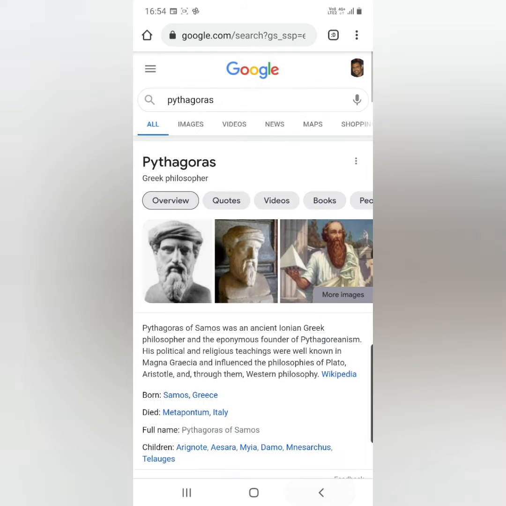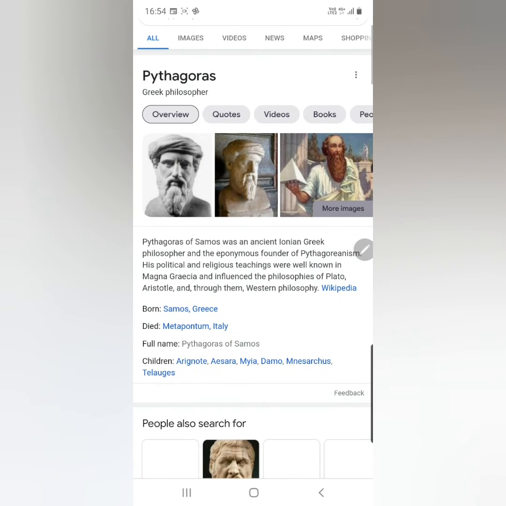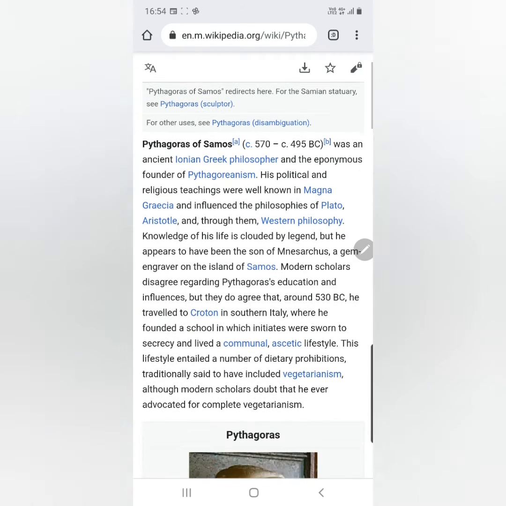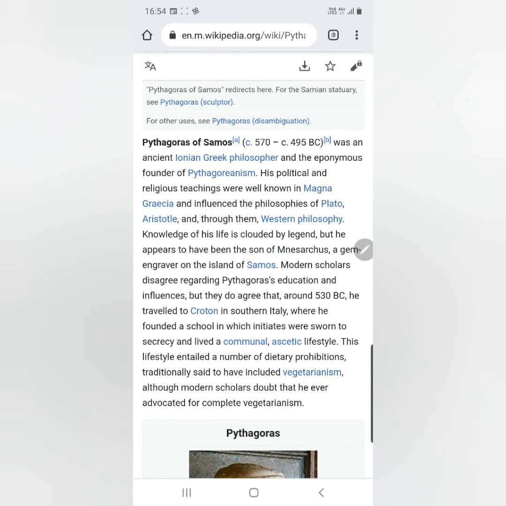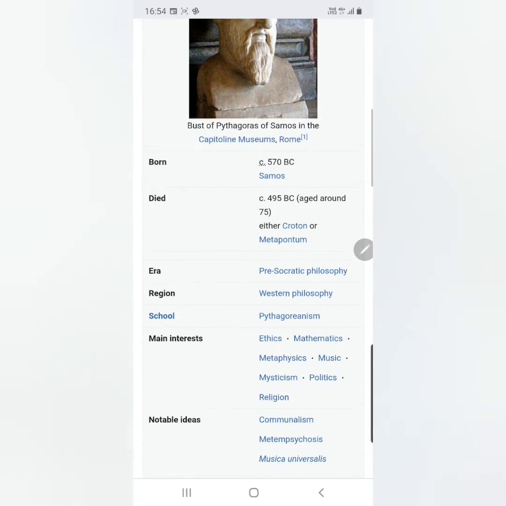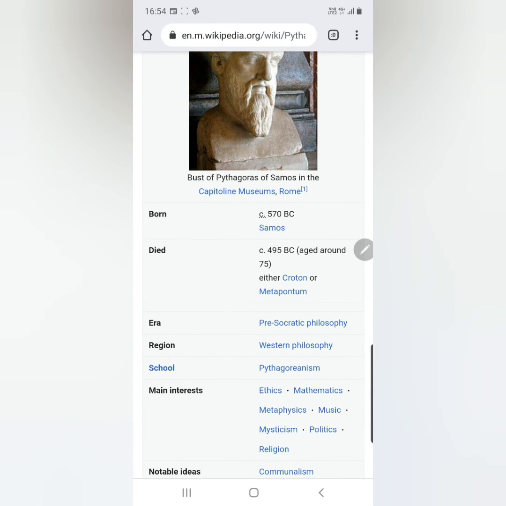Pythagoras. And he lived, I think, about 2500 years ago. And we know his theorem now and it's used all over in mathematics. Pythagoras of Samos.